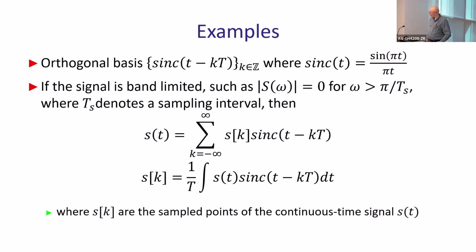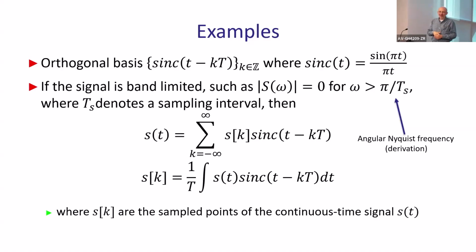And it's also called the angular Nyquist frequency. Who has heard about the Nyquist frequency? This is kind of a famous term. People just drop the term Nyquist frequency, saying you need to have frequencies up to half of the sampling frequency, right?